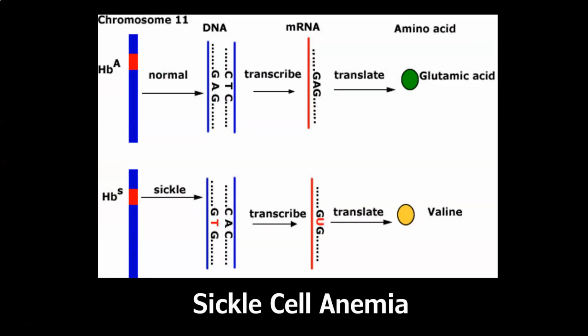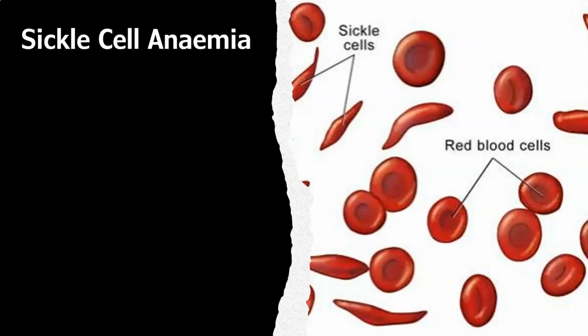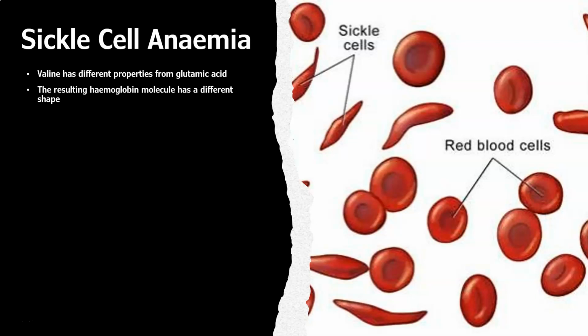So we now have a different chain of amino acids. Okay, so normal at the top, we end up with glutamic acid. Sickle at the bottom, we end up with valine, so a different amino acid. Valine has different properties to glutamic acid. The resulting hemoglobin molecule has a completely different shape, as you can see from the diagrams there.